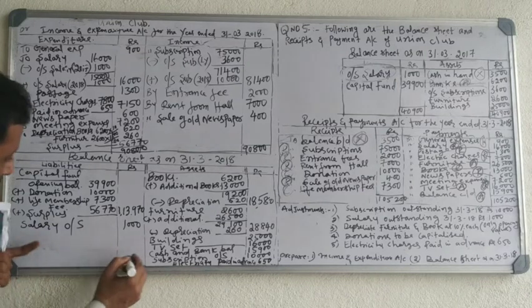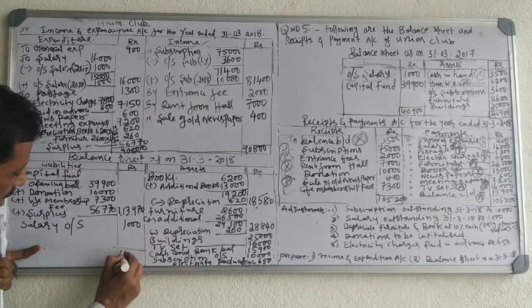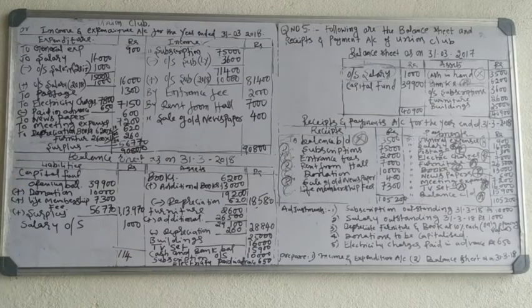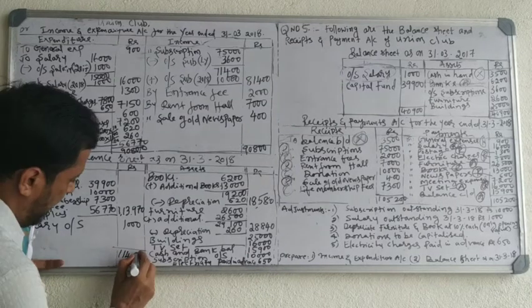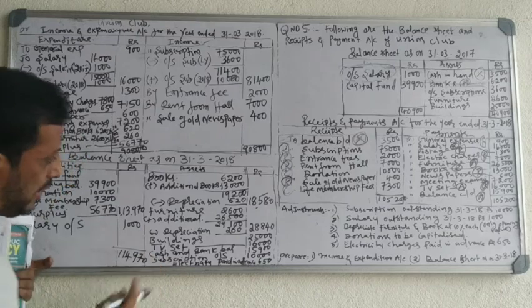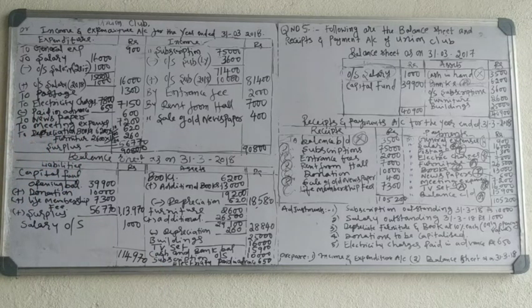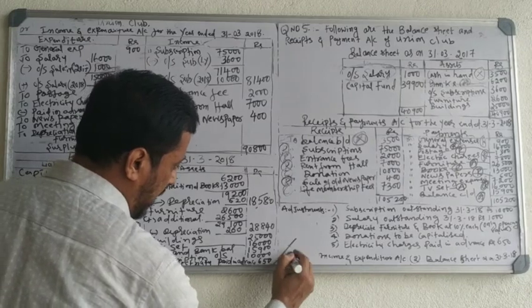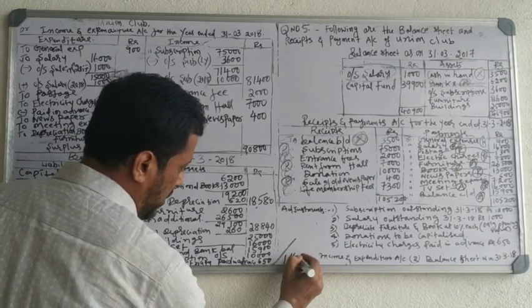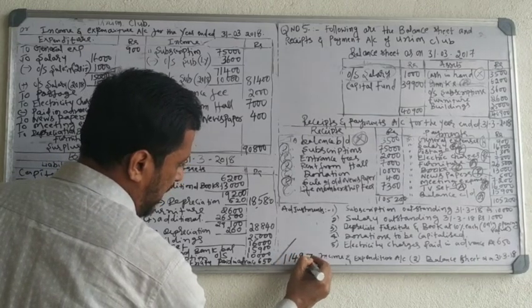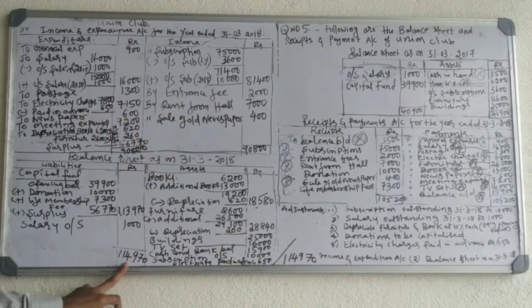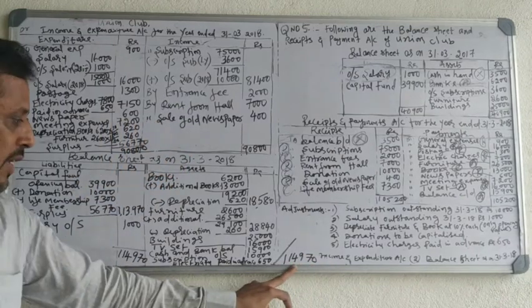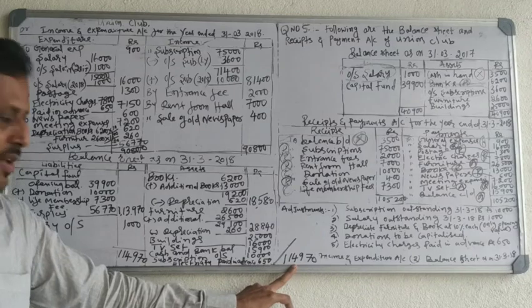Total is 1,14,970. So here the space is not available. I will write here 1,14,970. Liability side 1,14,970. Asset side 1,14,970.